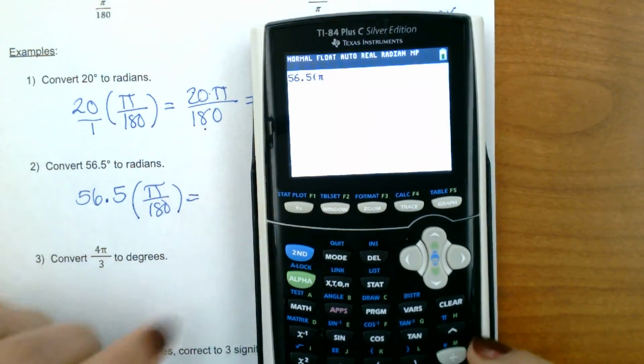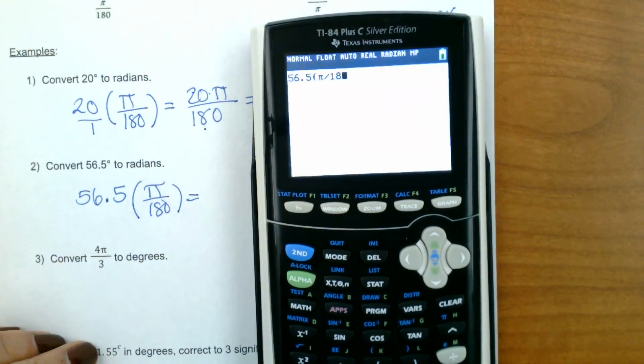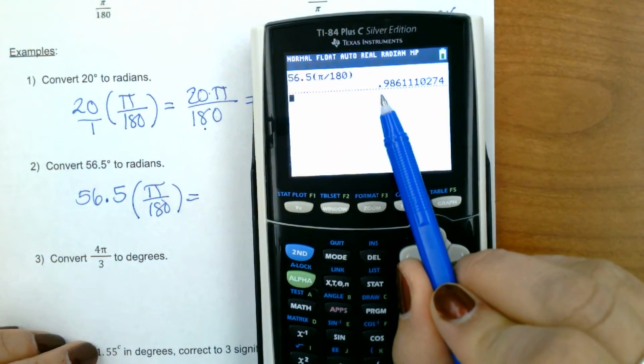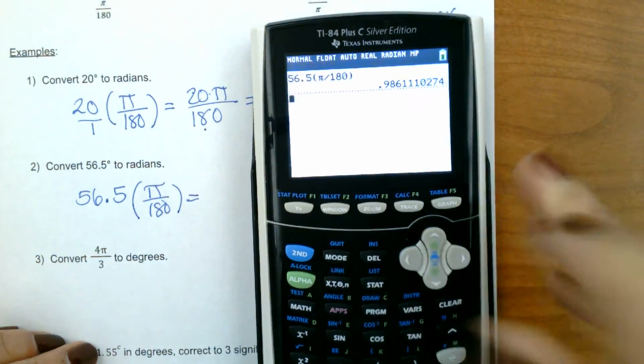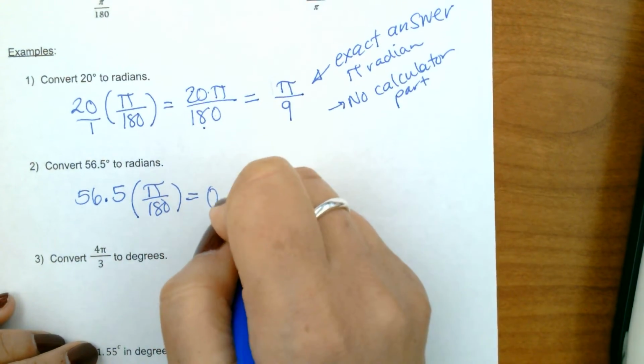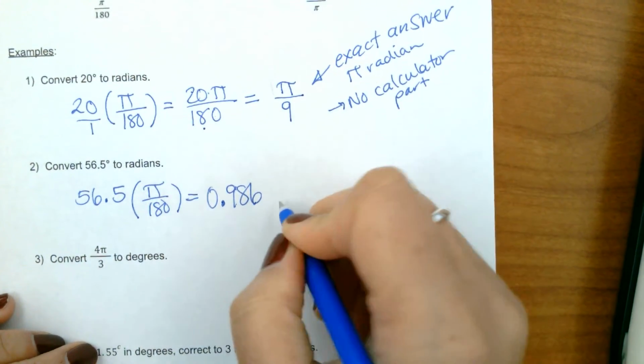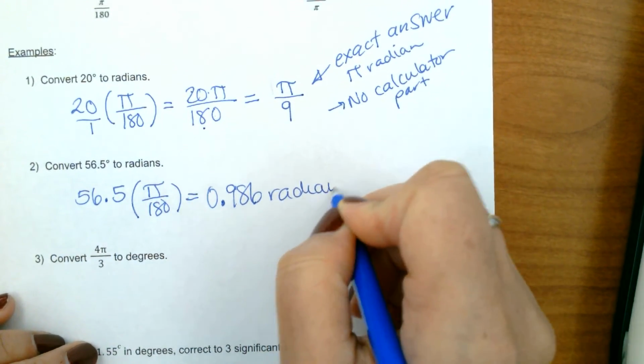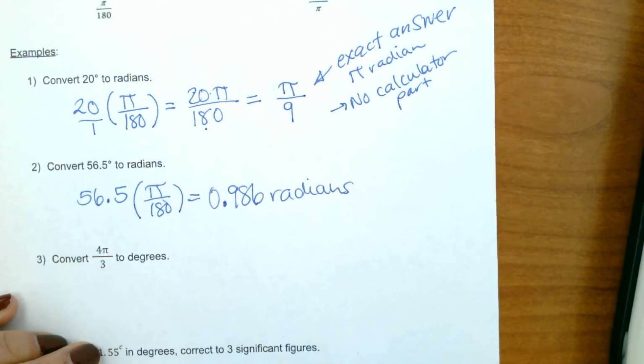That's second pi, and then divided by 180, close. I'm going to go 3 significant figures, so 0.986 radians. And there we go.